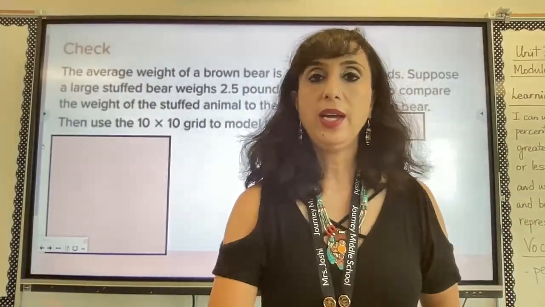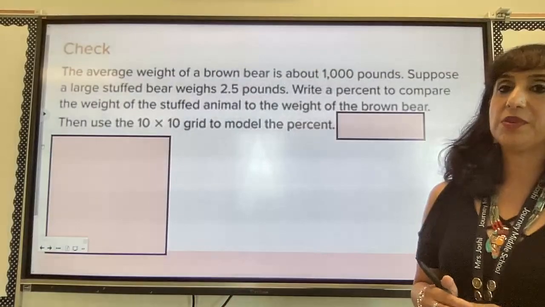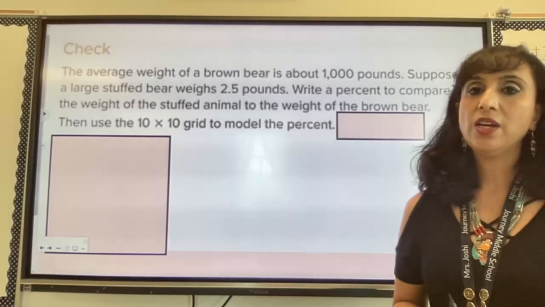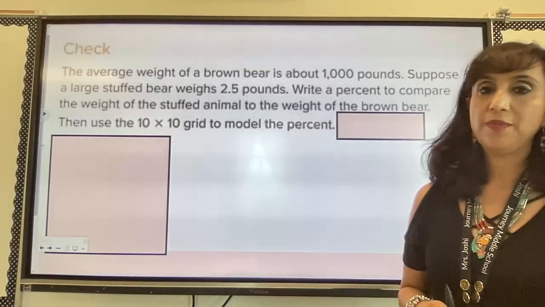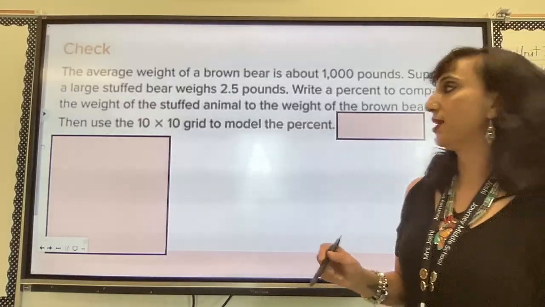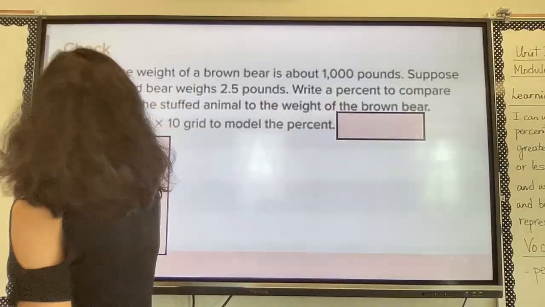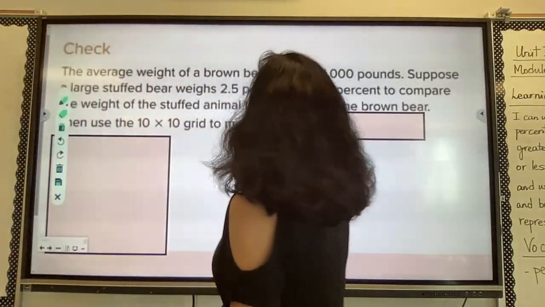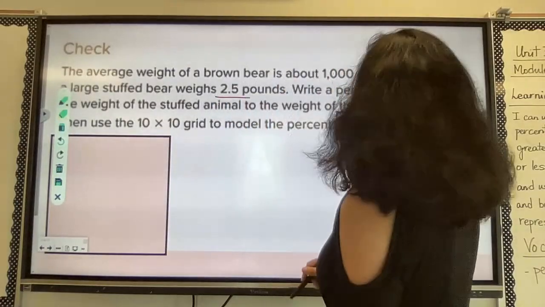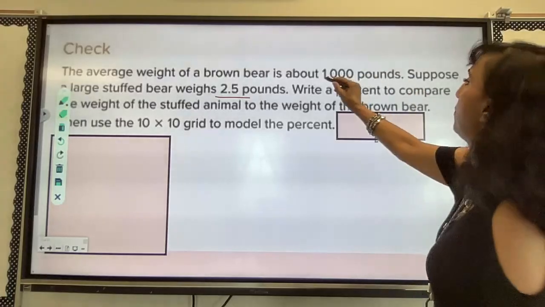It's asking to write a percent to compare the weight of the stuffed animal to the weight of the brown bear, and then use a 10 by 10 grid to model the percent. So let's look at this. It's talking about the stuffed bear, and this is the brown bear.